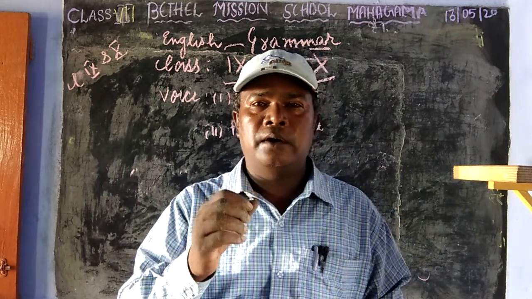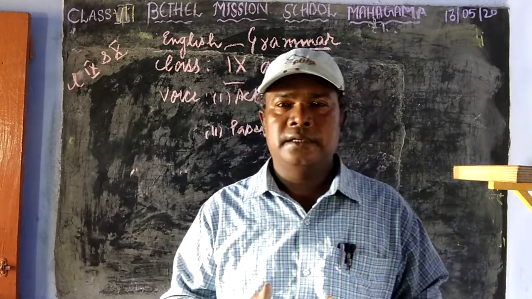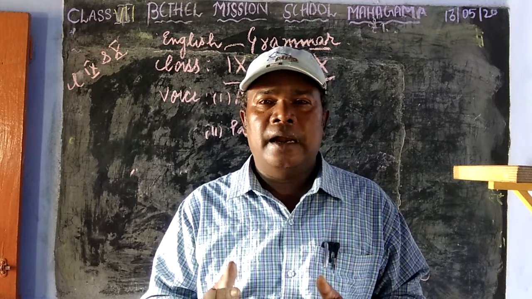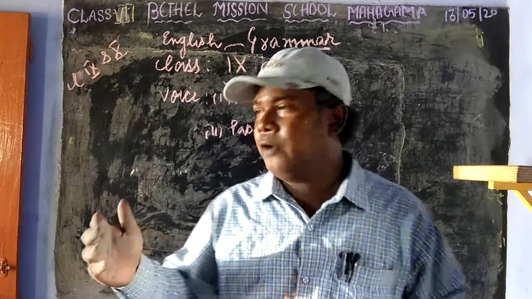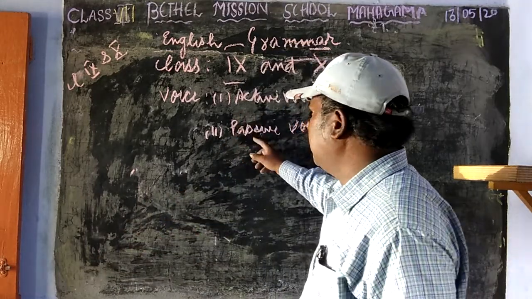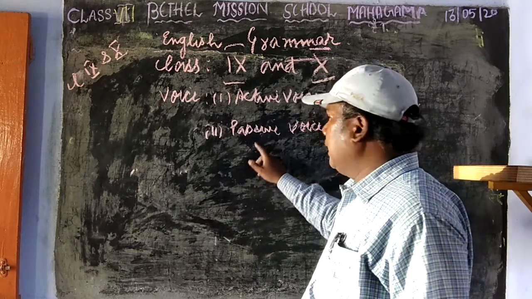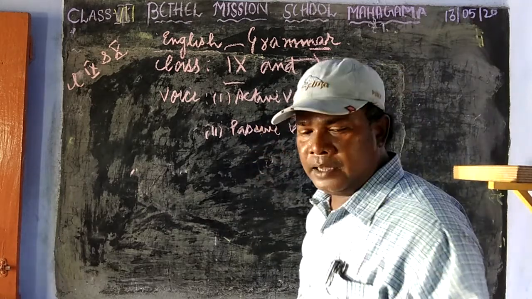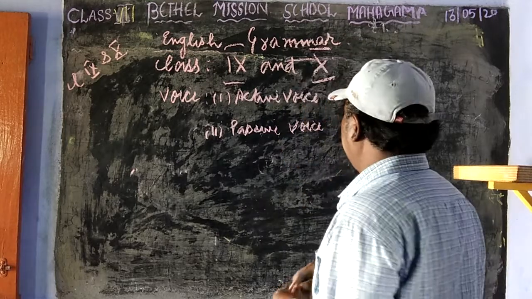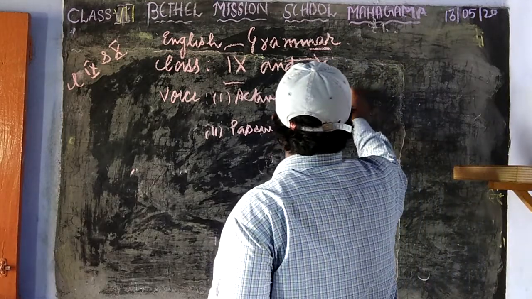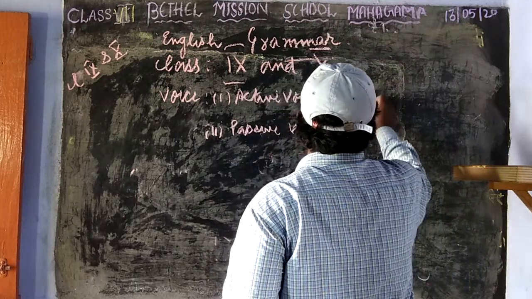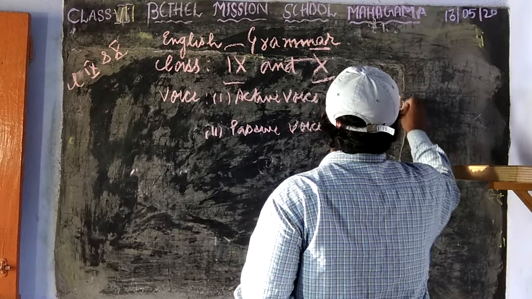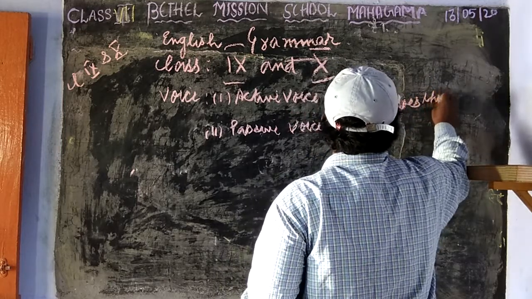Today I will teach you about voice. What is voice? It is subdivided into two portions. One is active voice, the other is passive voice. In active voice, the subject does the action. I repeat, in active voice, the subject does the action.